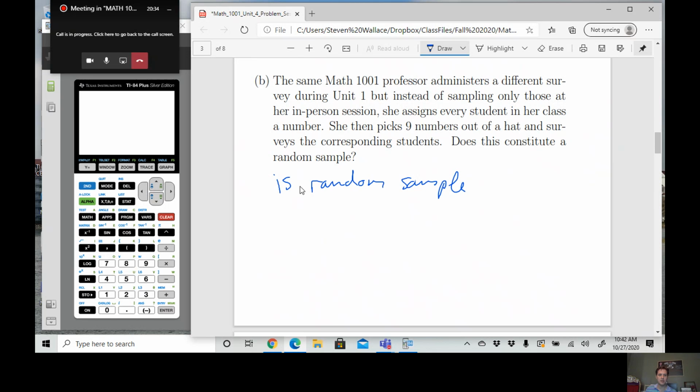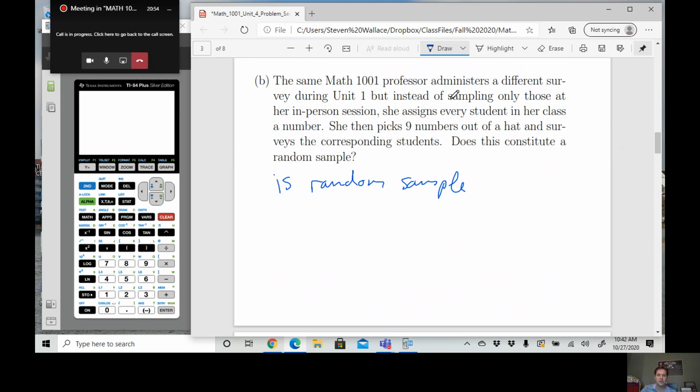But depending on the population, is the population her students only? If that would be the case, then this would be a random sample that is representative of the population.